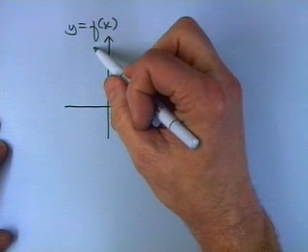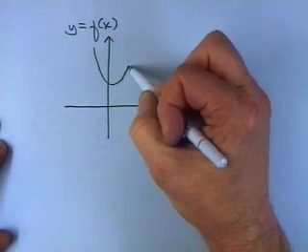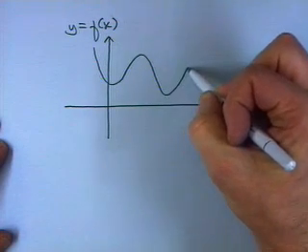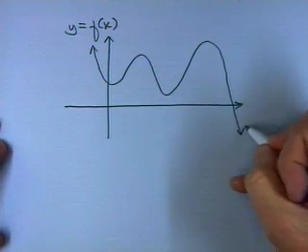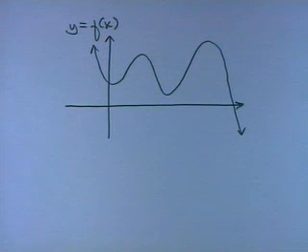And let's say that it looks like this. So that's what our original function looks like. And I've kind of made this a smooth function so it could very easily be a polynomial.